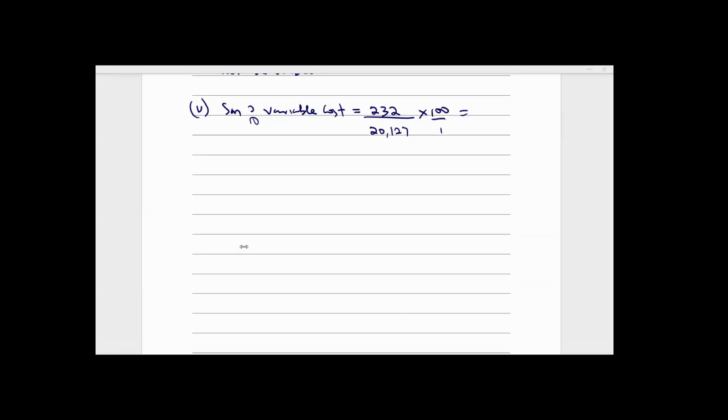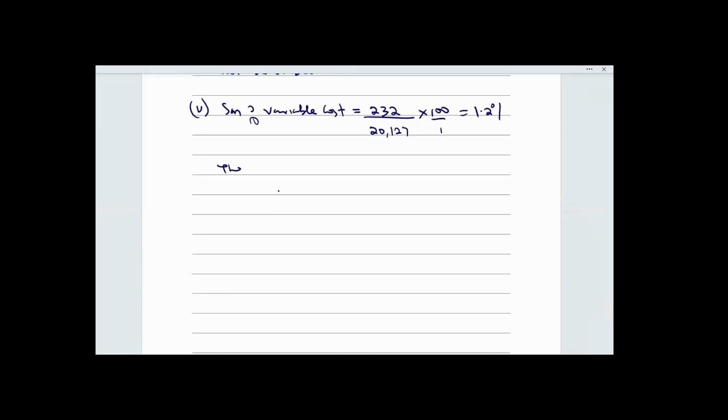Here is 1.2%. Okay, this means that the variable cost can increase by 1.2%. At any point above this 1.2, the project will become unviable.